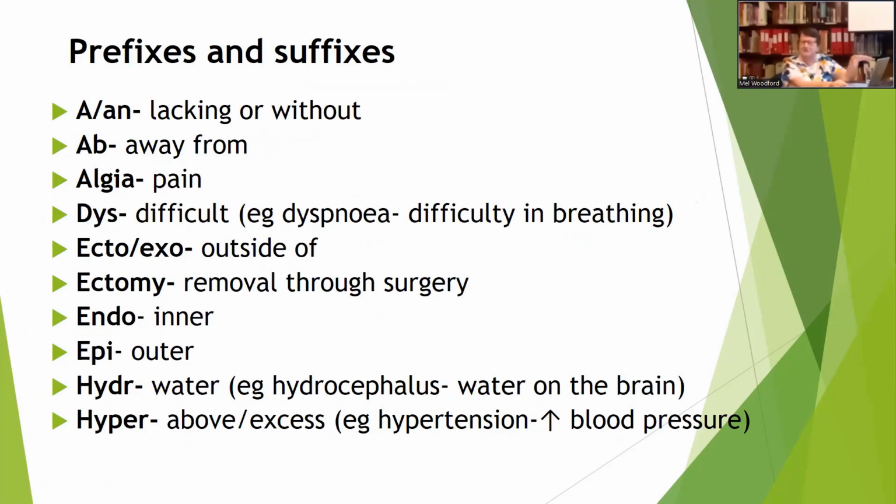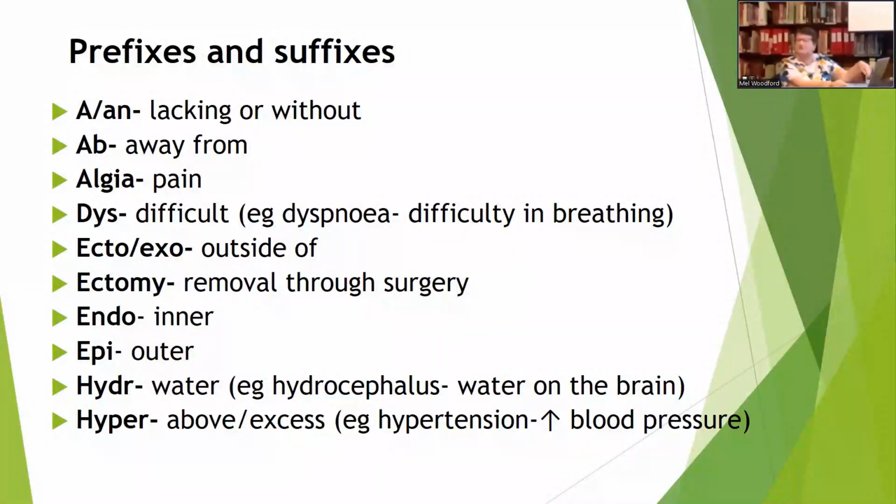But I have included some of them, and we might look at a few on each slide. So algia: you've probably heard of people with myalgia or neuralgia. Myalgia is the muscle pain, and neuralgia is the nerve pain. Or a doctor might say you've got dyspnea, difficulty in breathing. Or you've heard of hysterectomy, where hyster refers to the uterus and ectomy is removal through surgery.